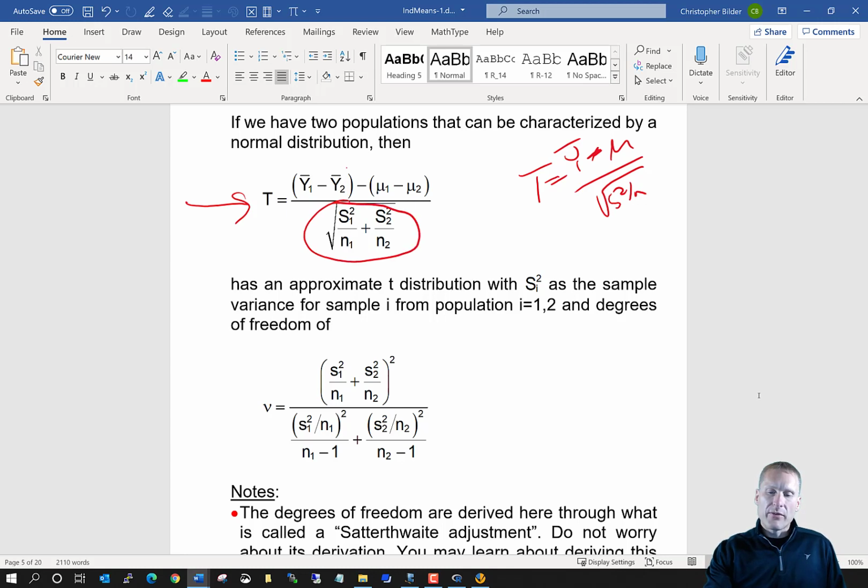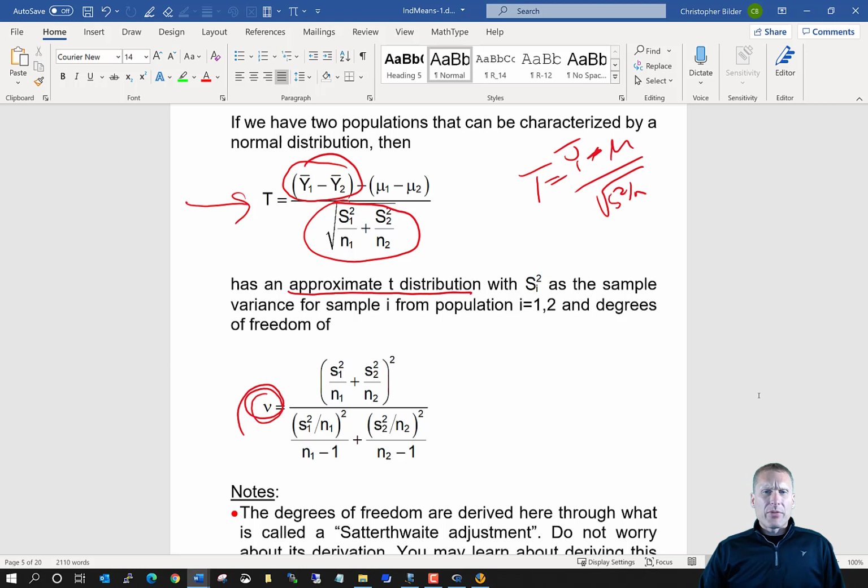Here's our measure of the variance for y bar 1 minus y bar 2. Notice where the capital letters are. Those are the random variables. This quantity, this capital T here, has an approximate T distribution where the actual corresponding degrees of freedom is this guy right there. This is the Greek letter again, nu.